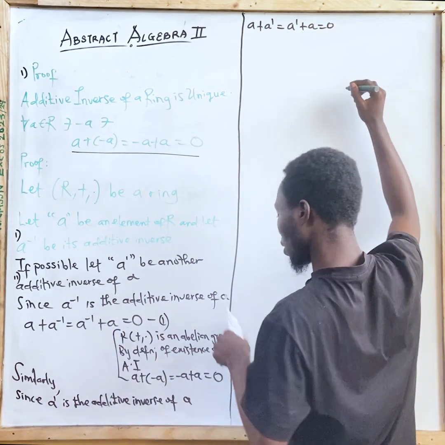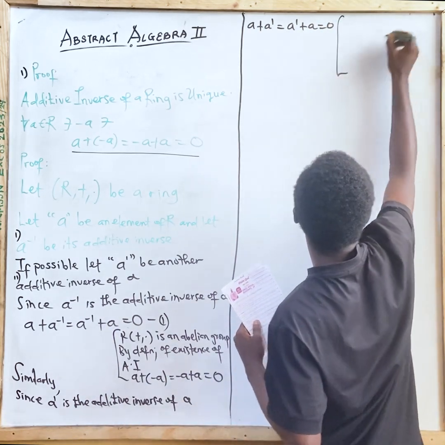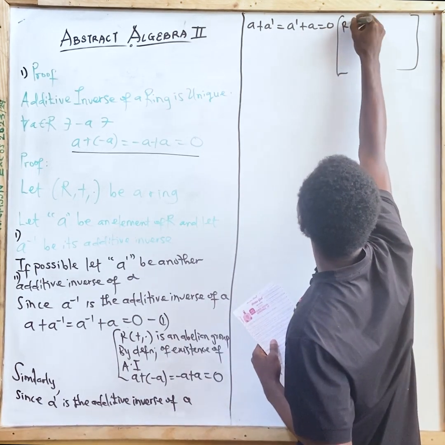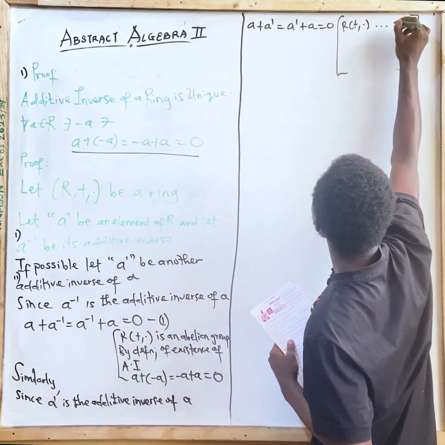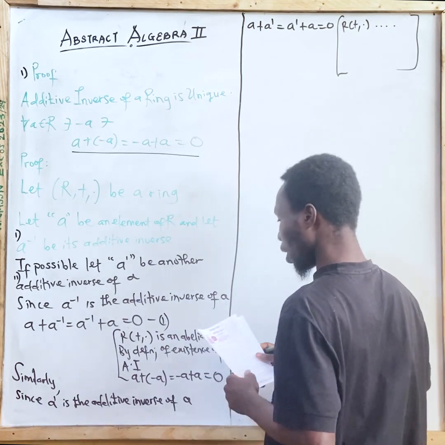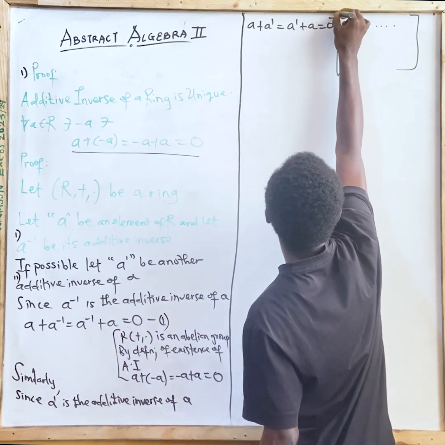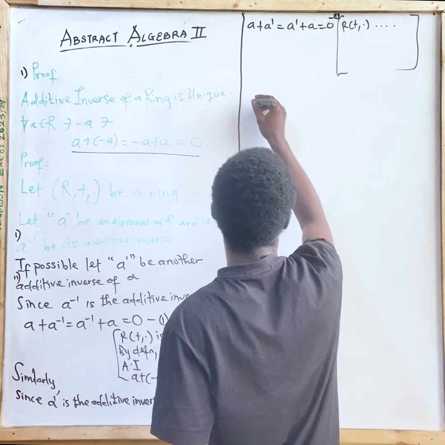Then I can also write the same thing here: what I wrote here, I can easily put here, that let R, plus, times be an abelian group, and so on. Let me call this equation 2.